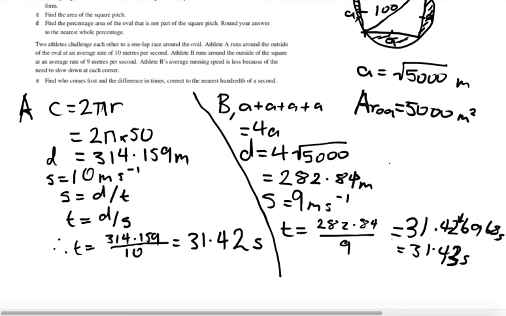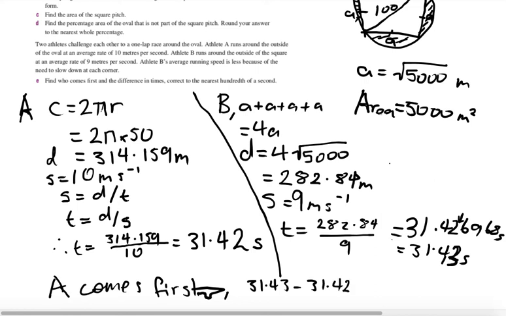Therefore, our final statement is athlete A comes first. Difference in time is going to be 31.43 take 31.42, which is equal to 0.01 of a second. So the difference is very, very small.